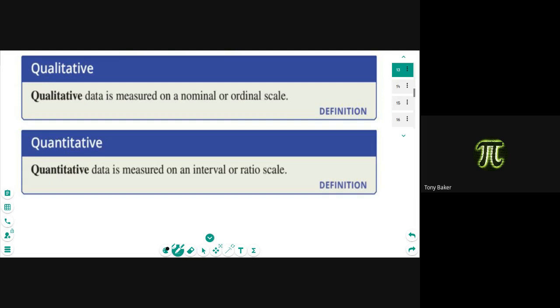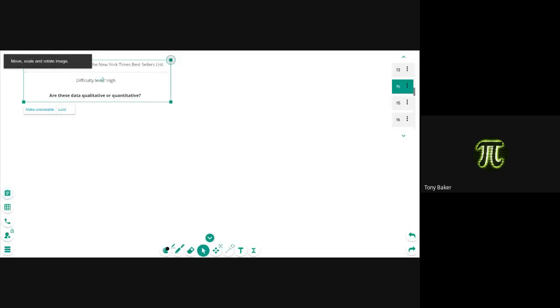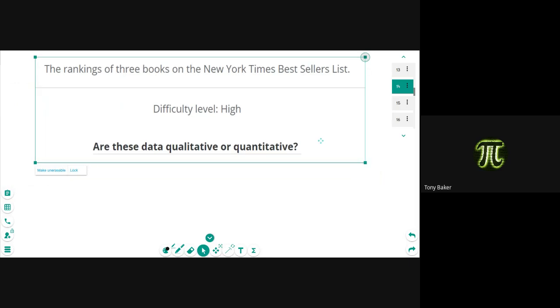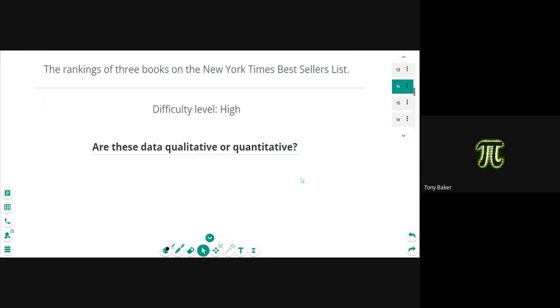So let's look at one. The rankings of 3 books on the New York Times bestseller list. Qualitative or quantitative? Why is it qualitative?